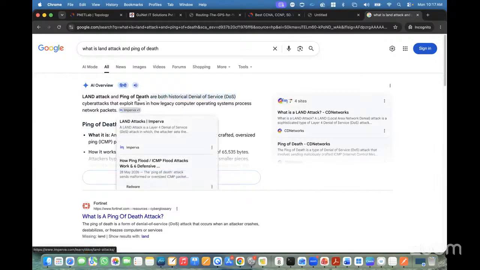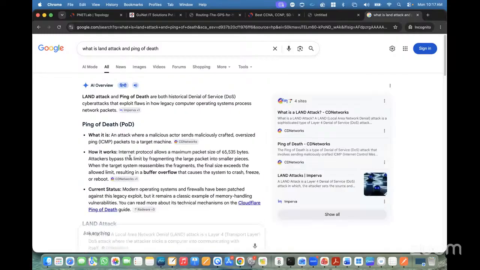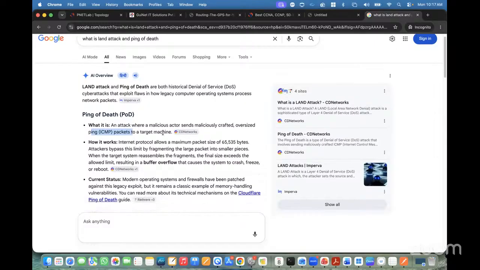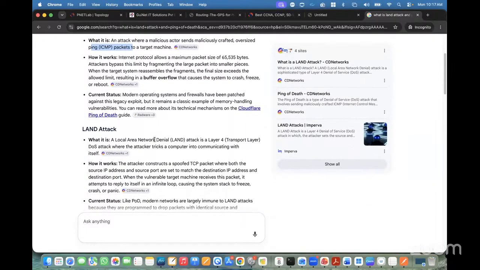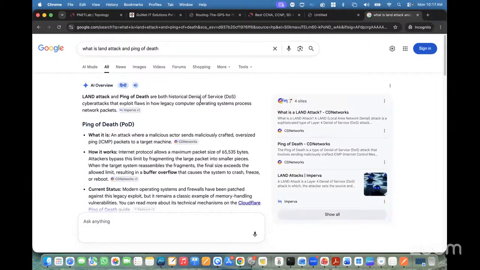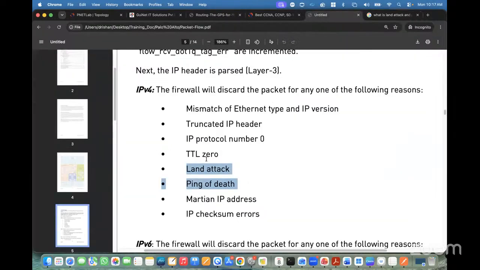As I mentioned, the ping of death is basically an ICMP-based attack. And the land attack is basically a transport layer DOS attack. But both are DOS attacks. So if you find any kind of attack in any situation, your packet is definitely going to be dropped. So that is the land attack and DOS attack on your packet.